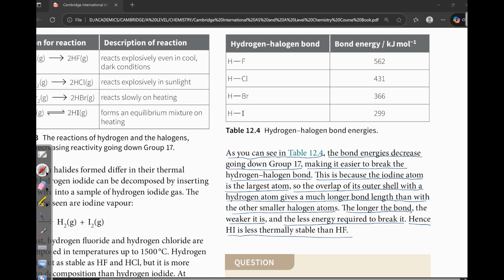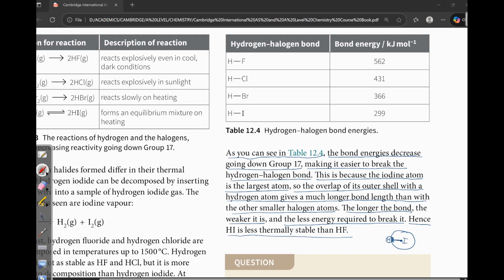Another thing that you can look at, hydrogen here is a smaller one. Now this overlap here between this big iodine here, okay? Now the distance is longer between these electrons here and the nuclei, okay?